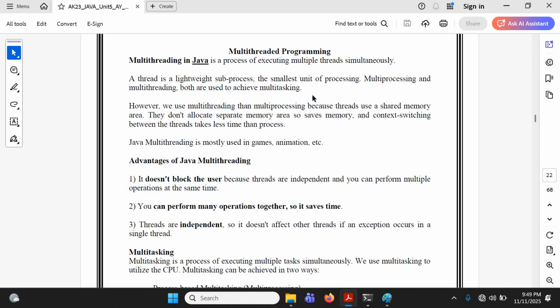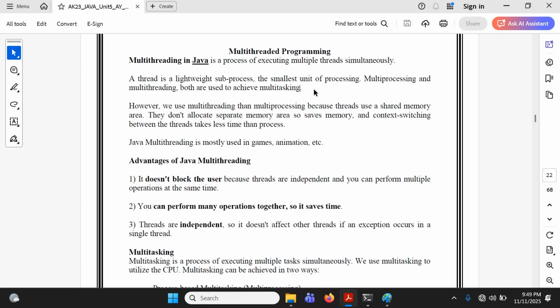Why do we need processes and threads? To accomplish multitasking. Multitasking means to complete two or more tasks at the same time, that is, simultaneously. Suppose when you open your system, you can open a browser to browse a website, an audio file to listen to some music, and a text file to write or read something.